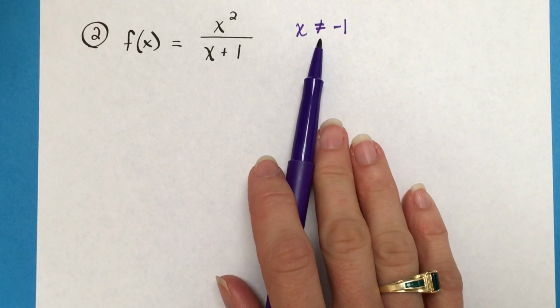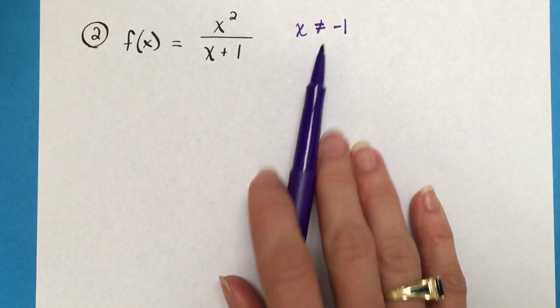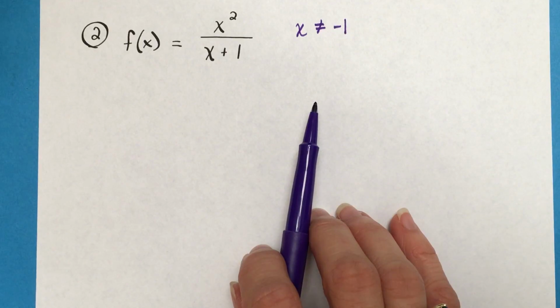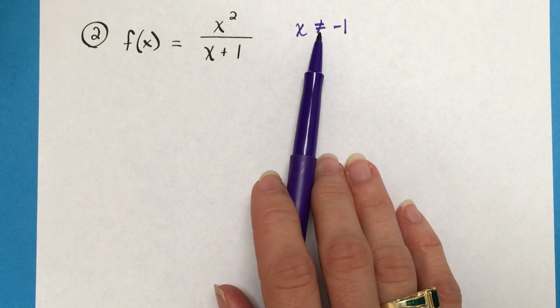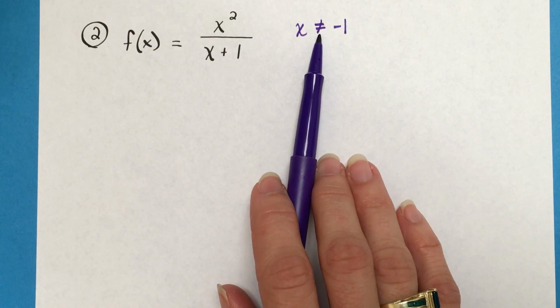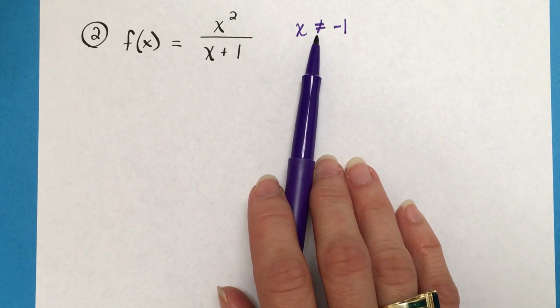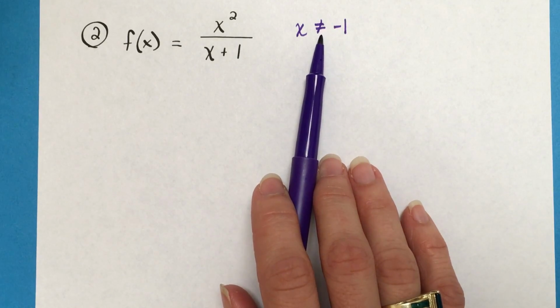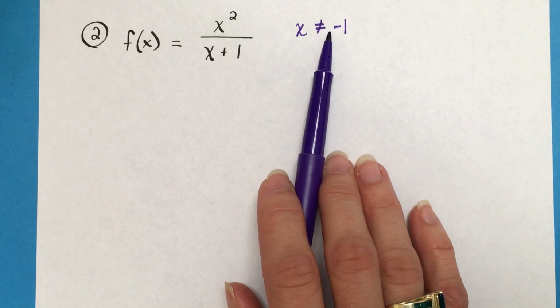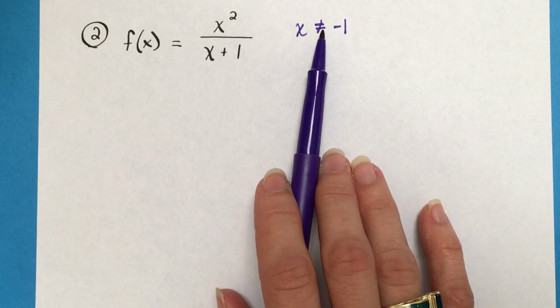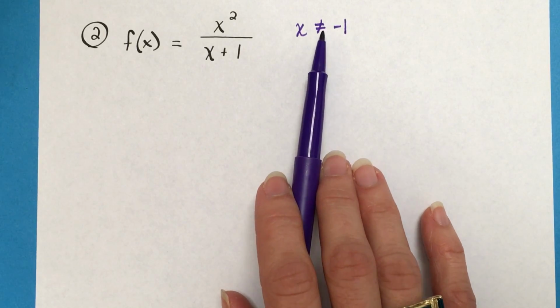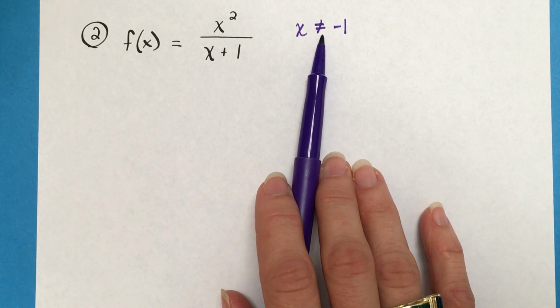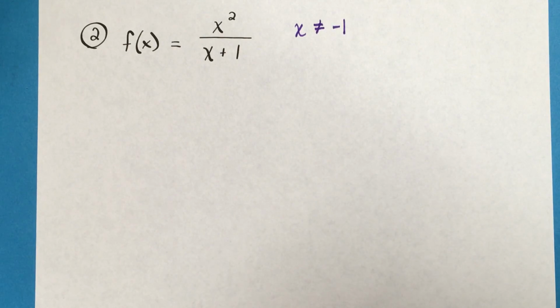Now, the -1 is going to end up showing up after I do my derivative anyway, but your function can change from increasing to decreasing or vice versa on either side of -1. So when you do your sign graph, you would need to make sure that you do put -1 on your sign graph. And like I said, it's actually going to end up showing up when we do our first derivative by chance anyway.